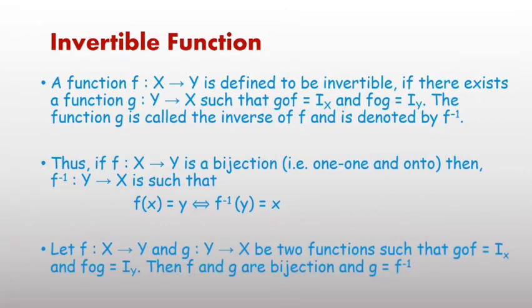Or the same definition in other form: you can write f from X to Y, g from Y to X be two functions such that fog equals gof, both are identity, then f and g both are known as bijections, and g is equal to f inverse, or both are inverses of each other.